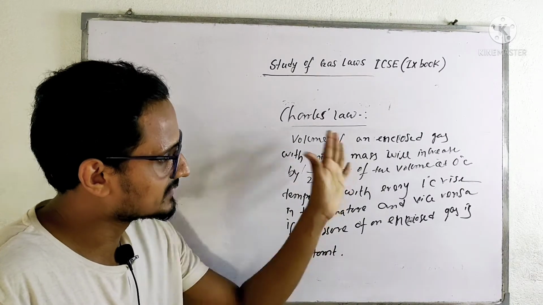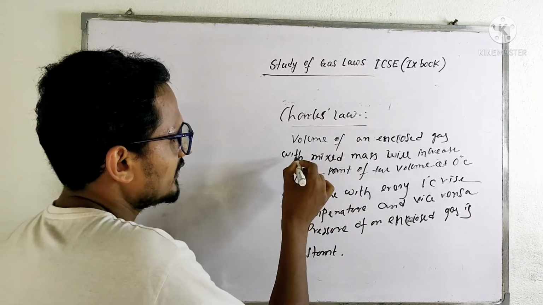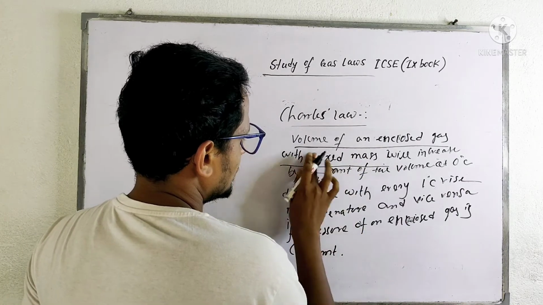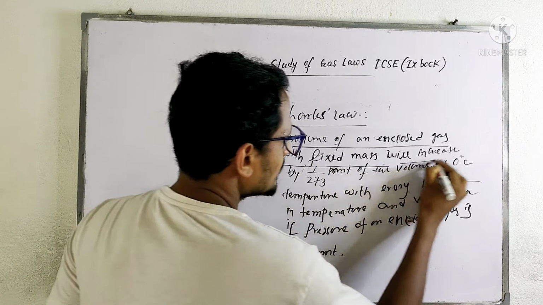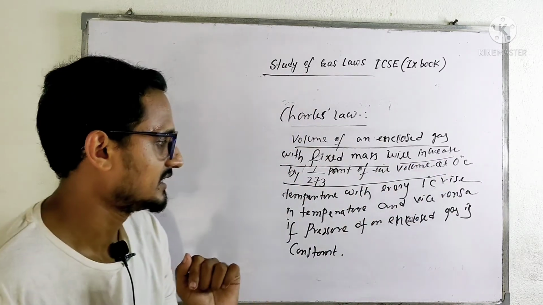After that we can write this statement. So it is telling the volume of an enclosed gas with fixed mass will increase by 1 by 273 part of the volume at 0 degree centigrade temperature.